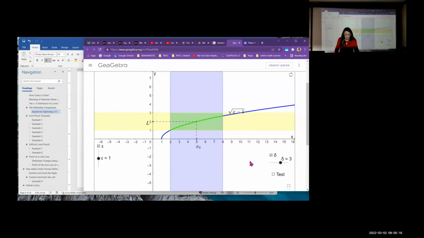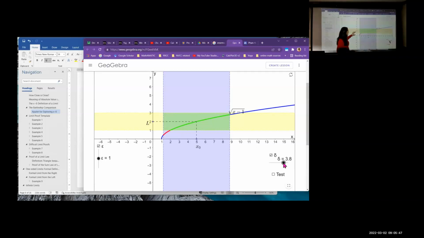So let me make delta a little bit larger. Right? Now, do you notice how over here on the left side, we've got this red showing up? What this red is telling me is that if I were to choose one of the X values here that's just above 1 and below 2, when I trace them up to the graph and then I move across to the Y axis, their Y value is not falling within epsilon of 2.